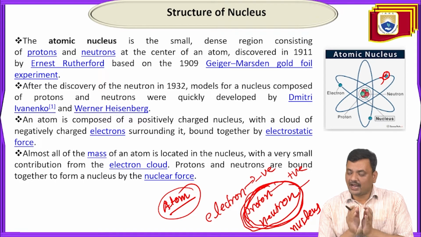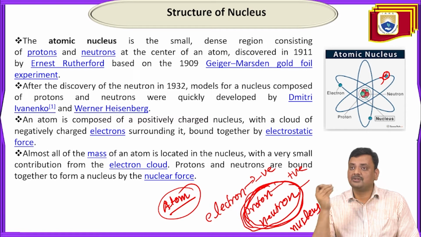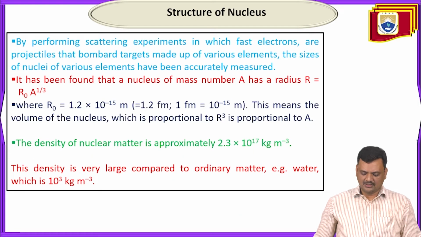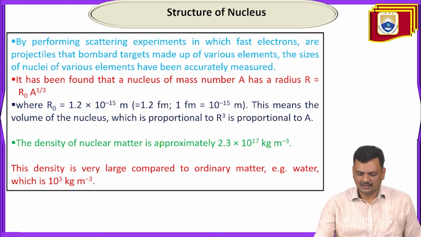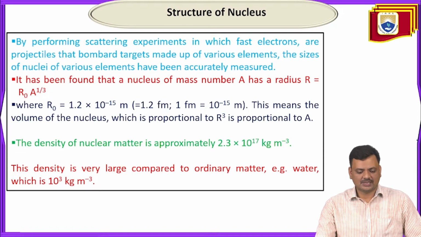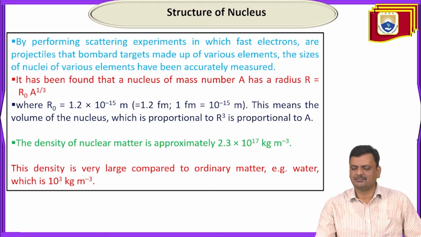Now that nucleus is bound with electrons with the help of a different force, and that force is the Coulomb electrostatic attraction force. Why? Because they are dissimilar charges. Another thing is, by performing scattering experiments in which fast electrons are projectiles that bombard targets made of various elements, the size of nuclei of various elements has been accurately measured.